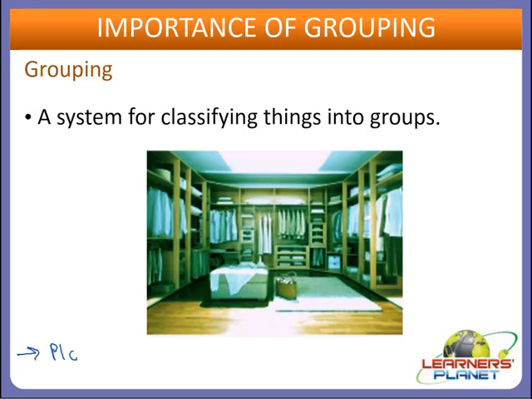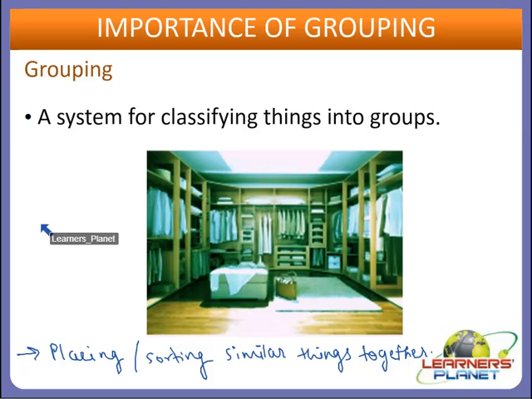Let me write it down for you. Placing or sorting similar things together is also termed as grouping. So grouping makes it easier for us to find things when we need them.